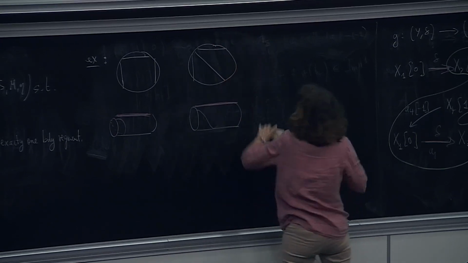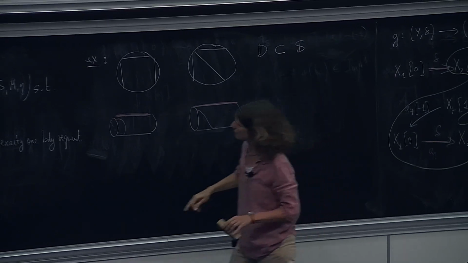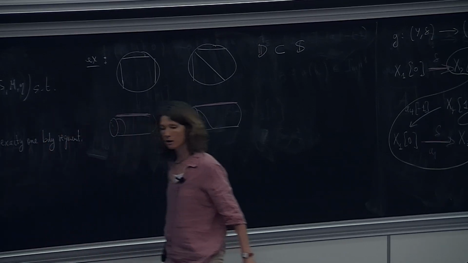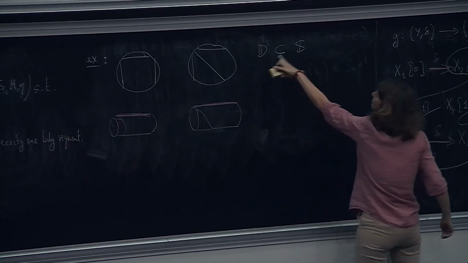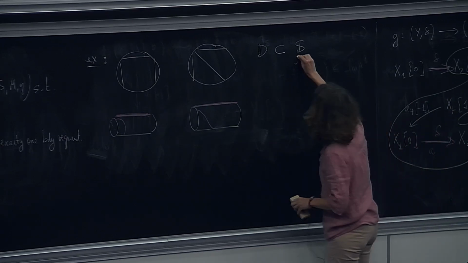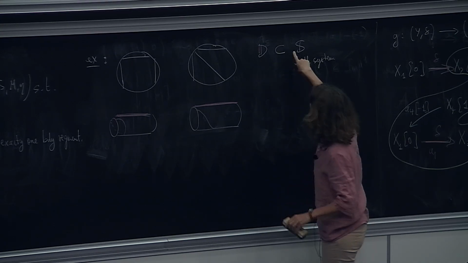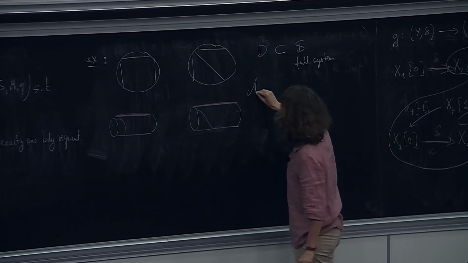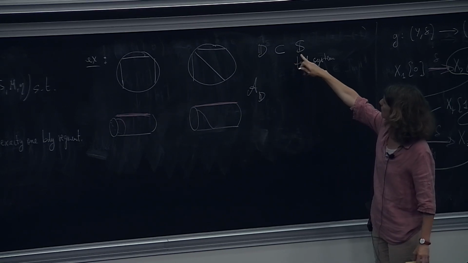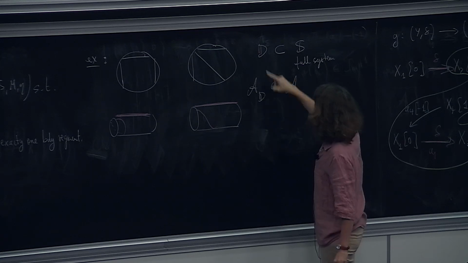If I add this boundary arc, I can embed my dissection into a full system. And I can look at the A infinity subcategory of A_S generated by the objects of D.